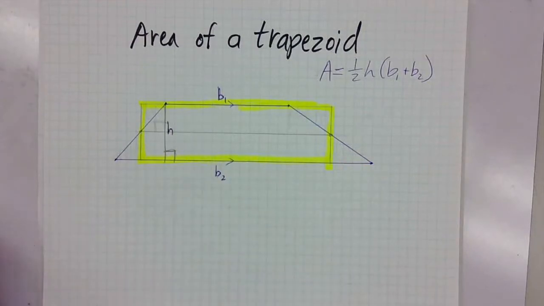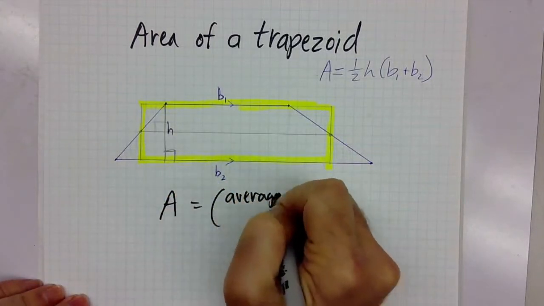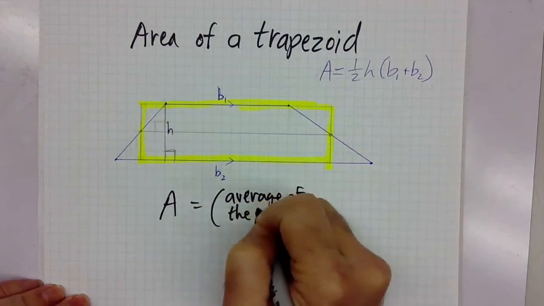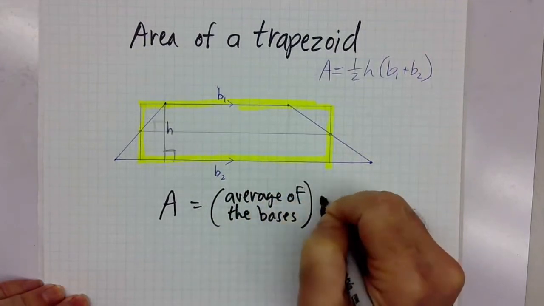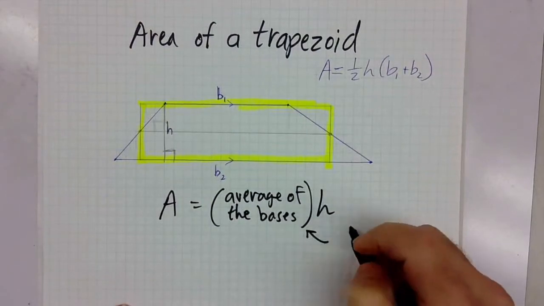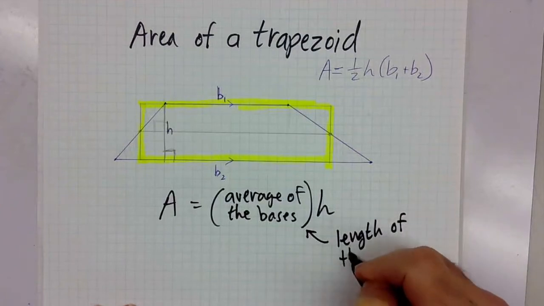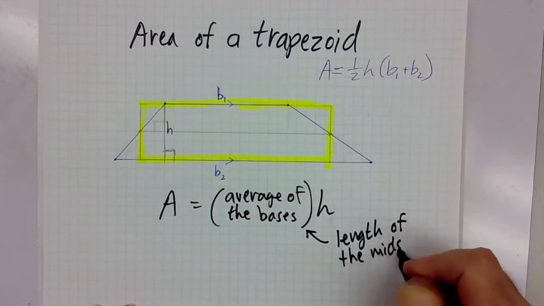So I like to write my formula as such. The area of a trapezoid equals the average of the bases times the height. Okay? And remember, the average of the bases is also the length of the mid-segment.